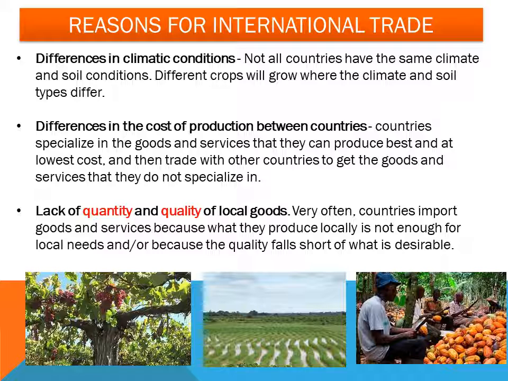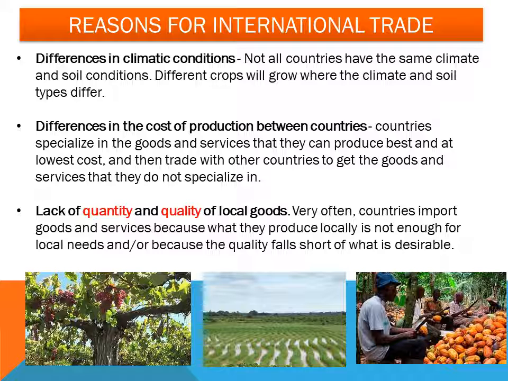So our agricultural industry, farming, and even other industries that depend on that are affected by the climatic conditions, and this can move countries into trading rather than producing the goods themselves.